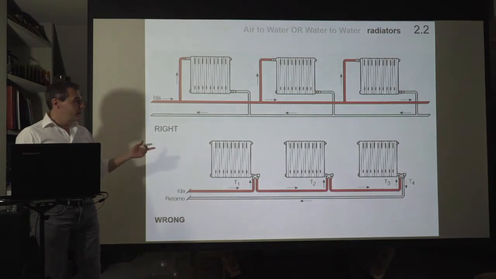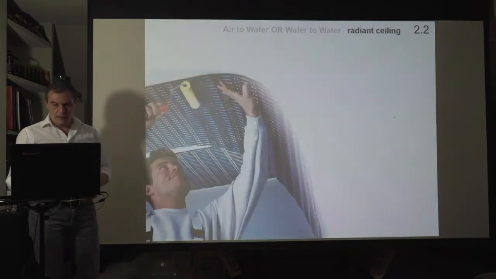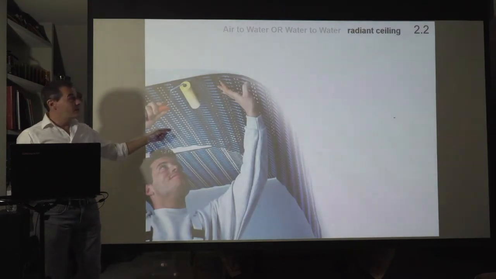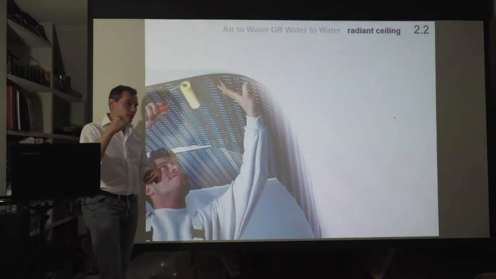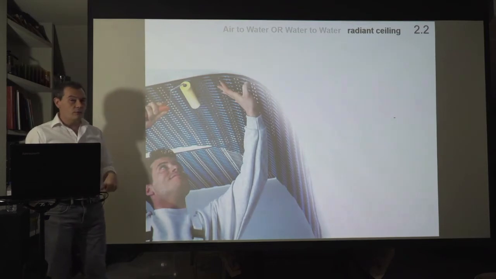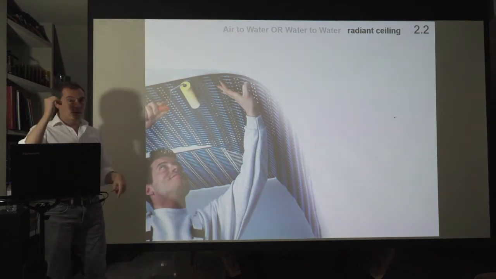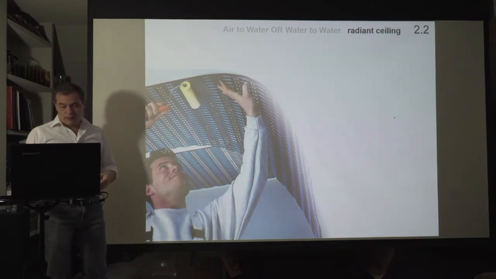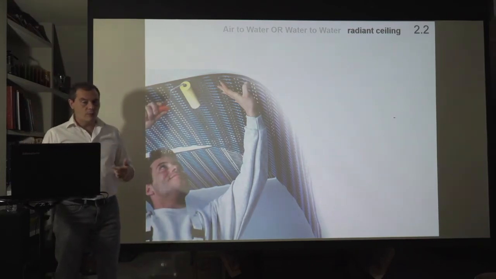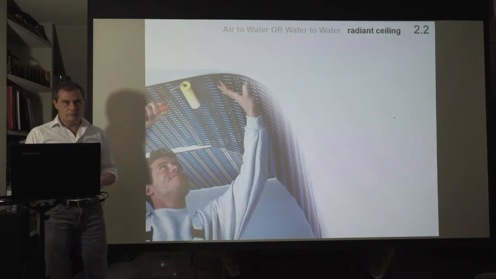Those are the radiators. So we all have seen these kind of radiators, and this is the radiant ceiling. The radiant ceiling is the same concept of the radiant floor, but we have those water pipes in the ceiling, in the false ceiling. It's even more complicated than the radiant floor.